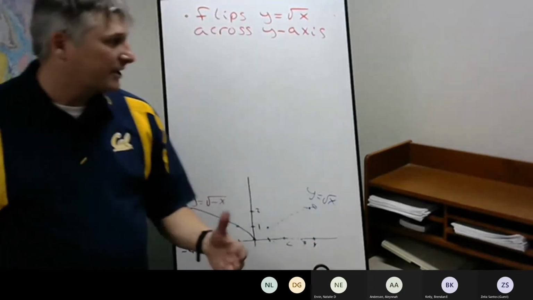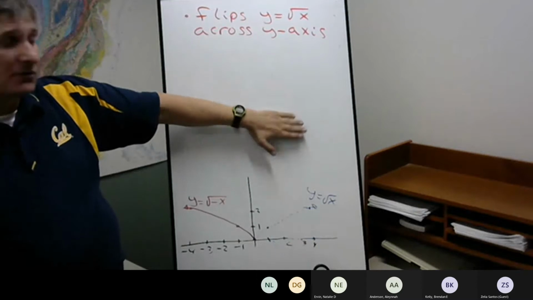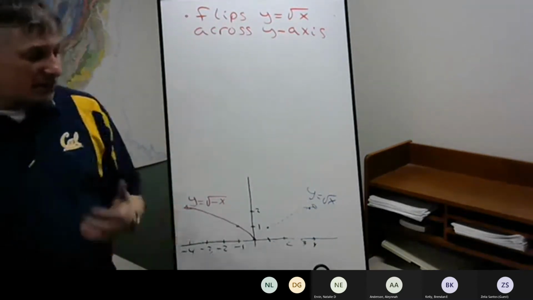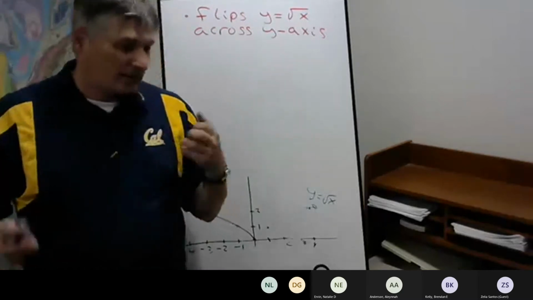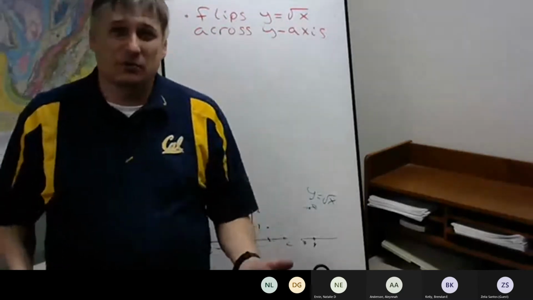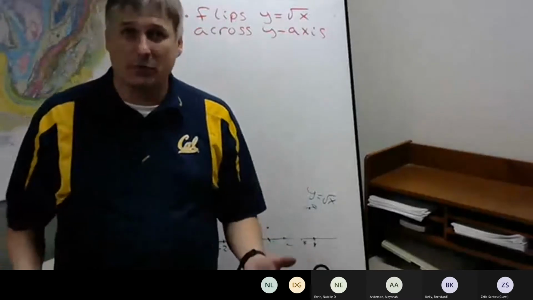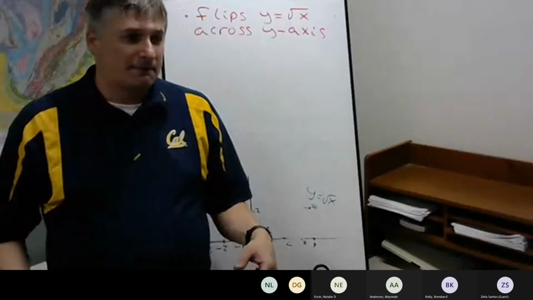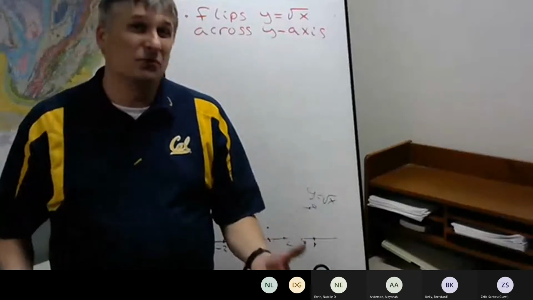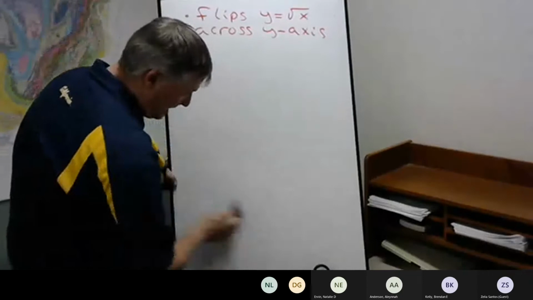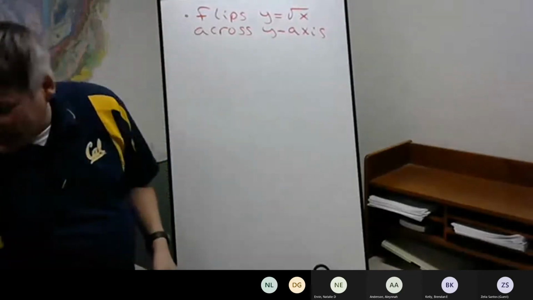And then reflections, flipping across the x-axis, flipping across the y-axis. Combinations of these things are going to let us come up with versions of those canonical functions that might be more useful. We're not just limited to x squared. We can do 3x squared minus 2 and come up with a graph that's more useful to us. So that's going to be something that could be helpful in the future.